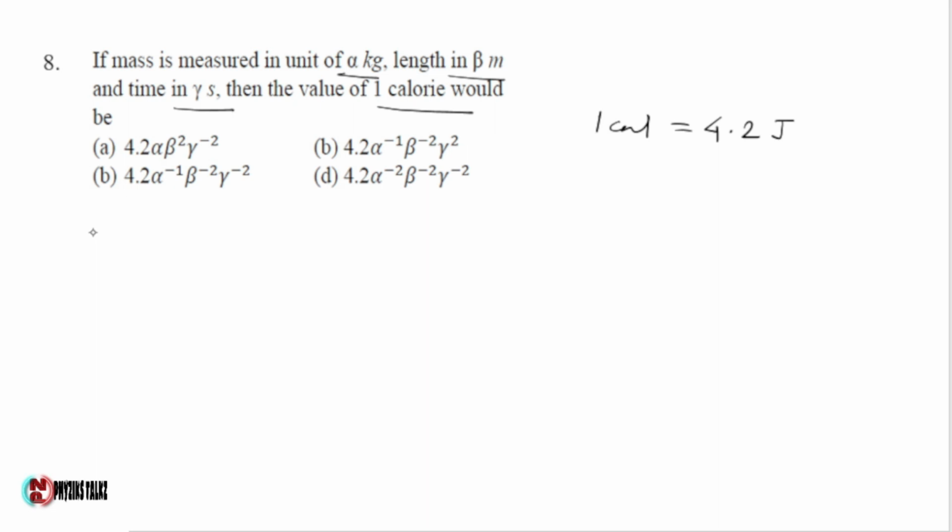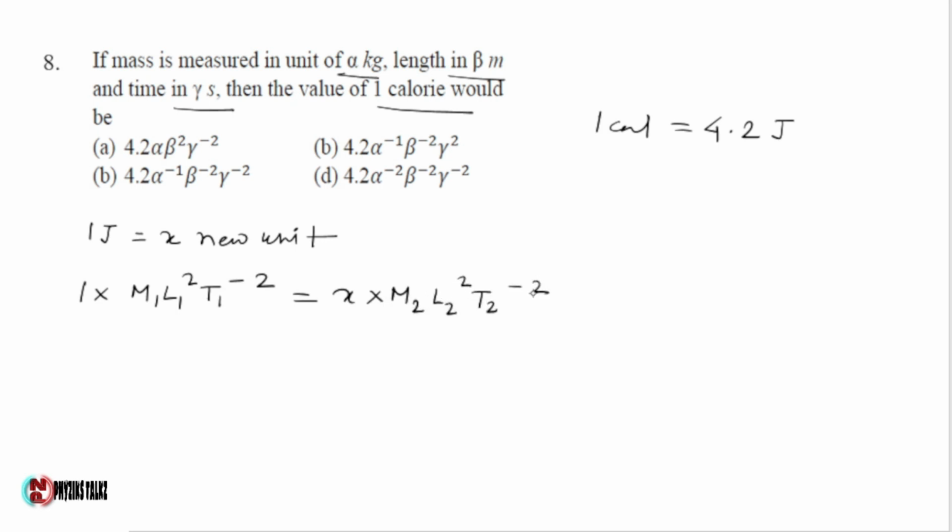Let us take 1 joule equals x in new unit. Now 1 joule is written as m1 l1 square t1 to the power minus 2, where x into new unit is written as m2 l2 square t2 to the power minus 2.